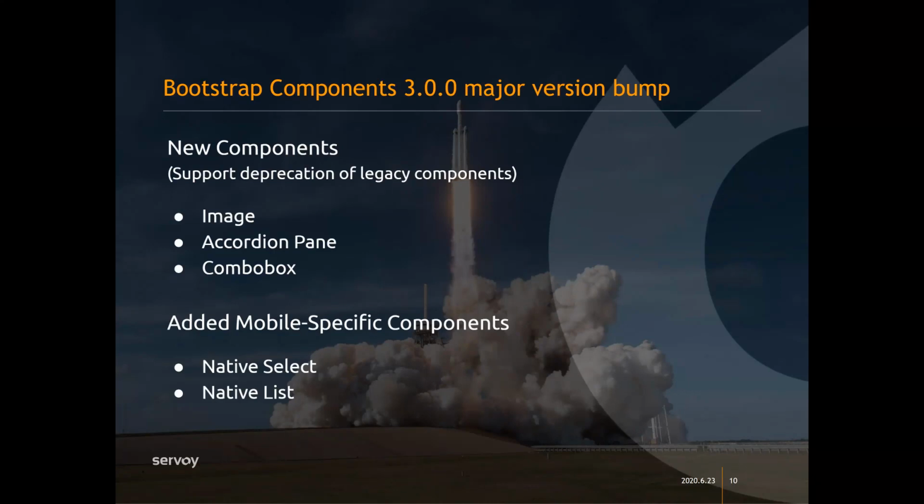I want to talk about a couple of the really common component packages that were released. We did a major version bump on the Bootstrap components. The reason is that we had to add components and add some features to really support the reorganization and the deprecation of the legacy components.